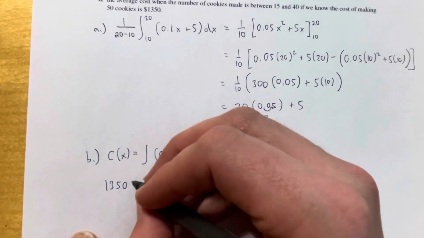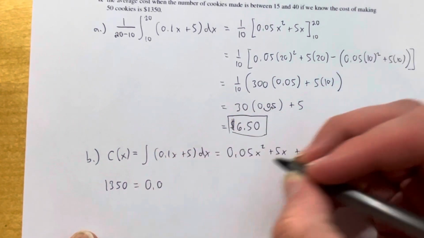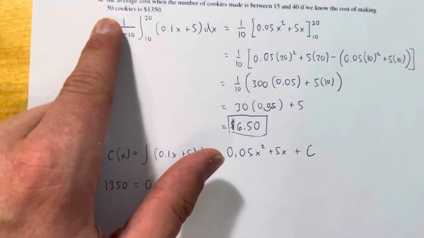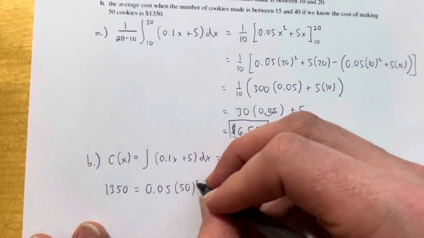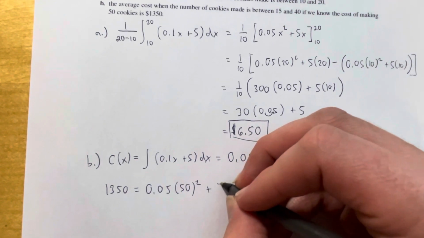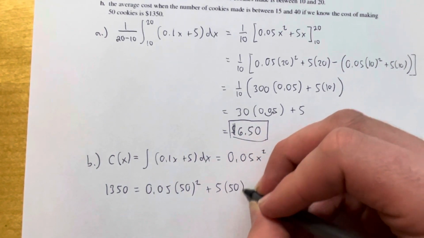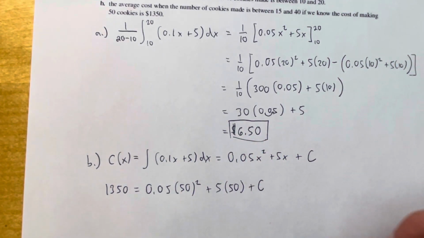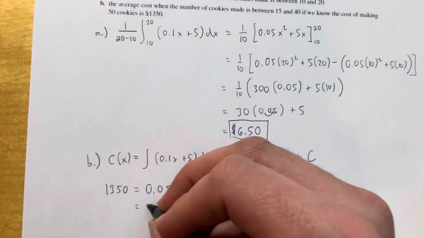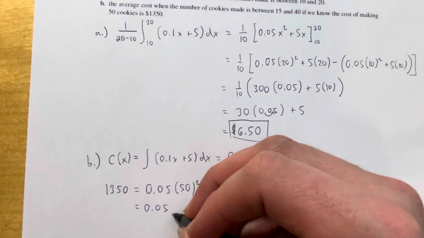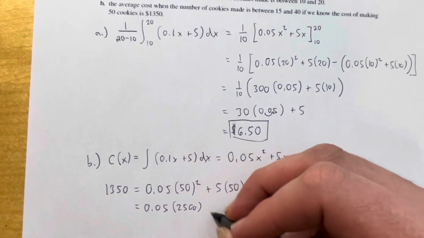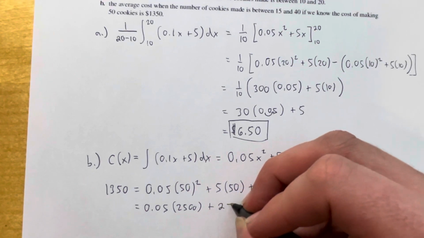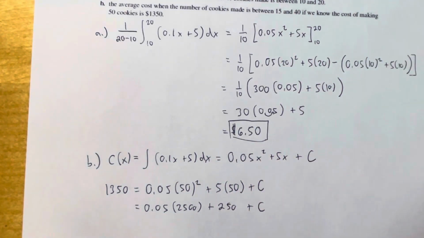And then we set that equal to 0.05, plugging a 50 in for x, so that becomes 50 squared plus 5 times 50 plus c. Okay, 50 squared is equal to 2,500, so this becomes 0.05 times 2,500 plus 250 right here, plus c.